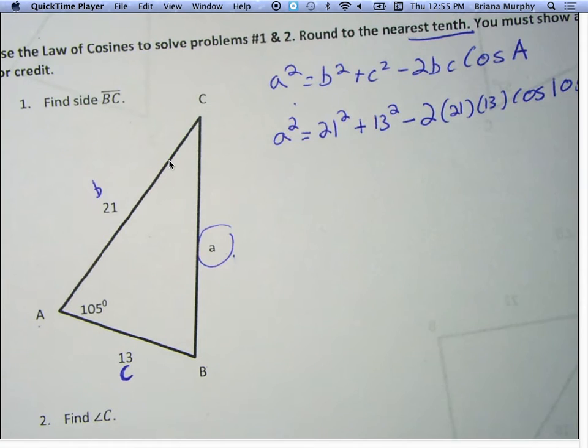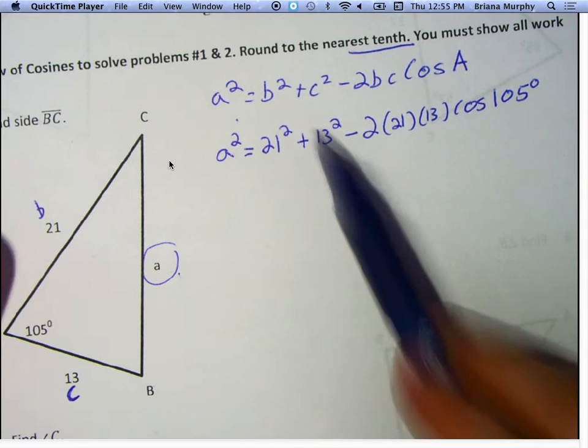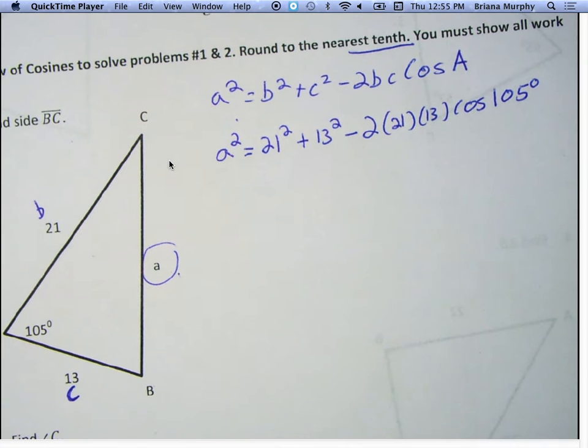All right. So now we're going to look at the right-hand side of my equal sign. Do we see any letters anywhere in there? No. So we're going to pick up our calculator, and we're simply going to put in every single thing.